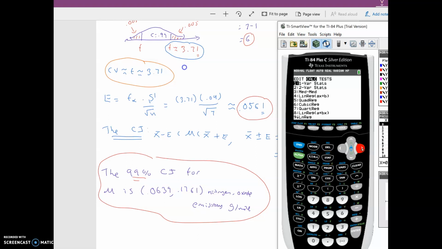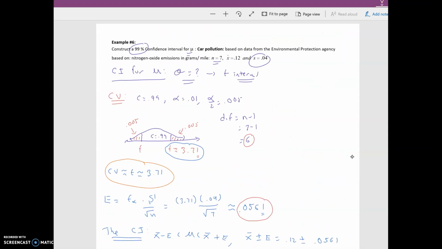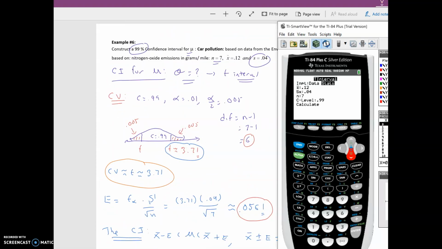You go all the way to test. Within test, it'll be number 8. And then you're looking at the mean being 0.12, the standard deviation 0.4, 7 values of n, and then 99. So please take a second and run it.